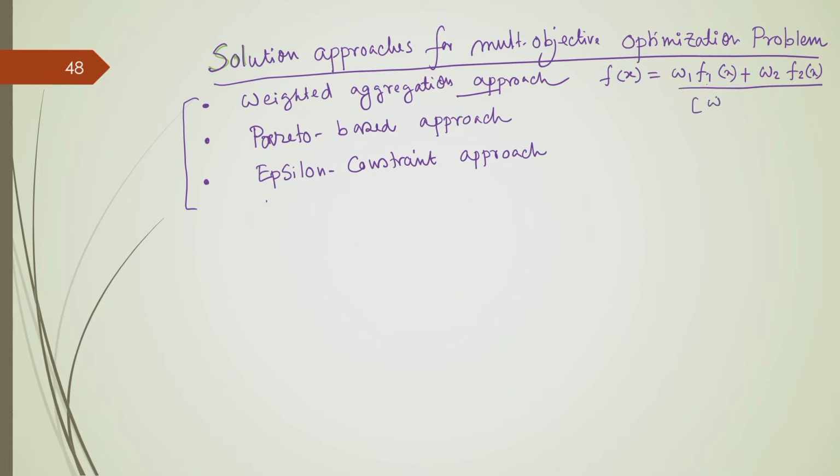where W1 and W2 are weights. Now, if you do so, then obviously you will get one solution by solving this particular problem. As I told you, one solution will definitely not represent the optimal solution when we have multiple objective functions which conflict with each other. Okay?